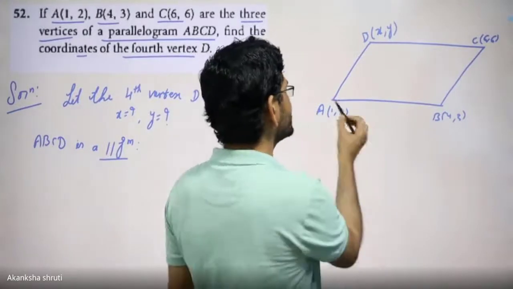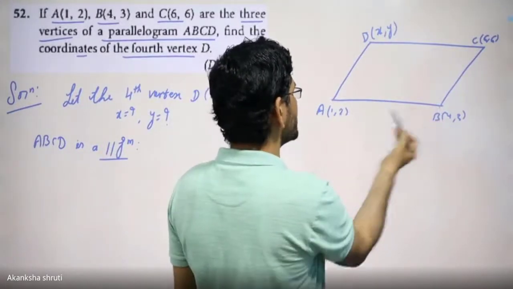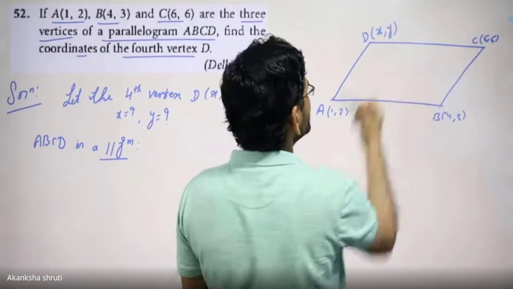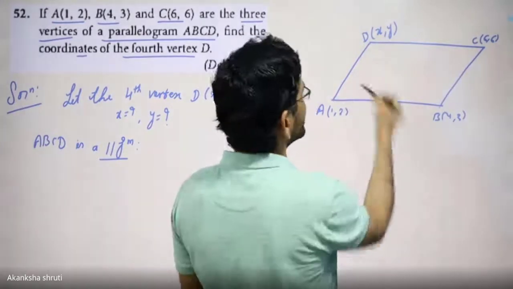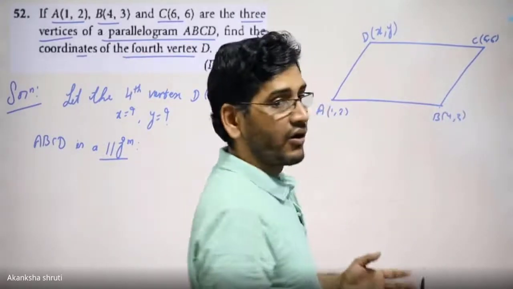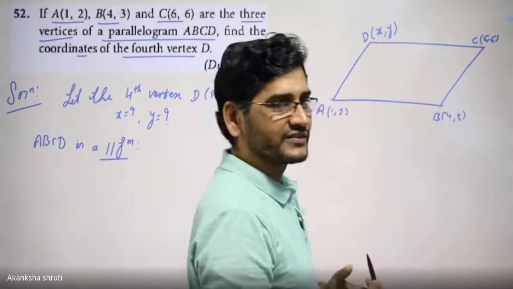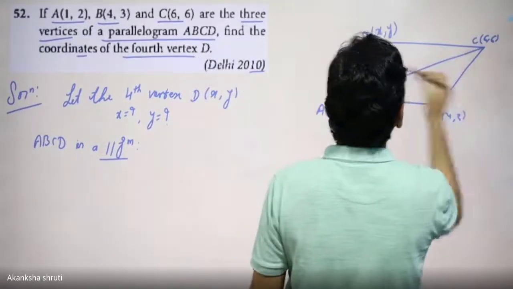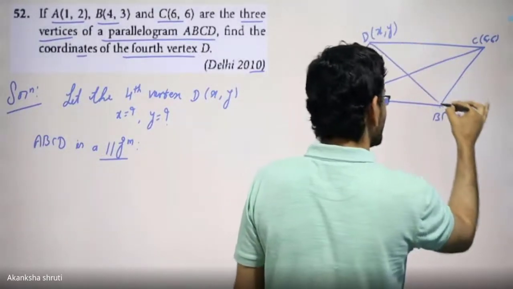Students, ABCD is a parallelogram. We may use that the pair of opposite sides are equal, like AB is equal to CD and AD is equal to BC, or even the simplest one is to use the concept that the diagonals of a parallelogram bisect each other.